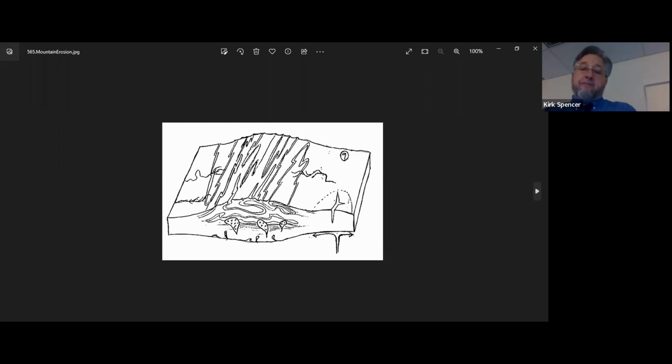The process that occurs in the mountains is called isostatic rebound. One of the ways to explain isostatic rebound would be, imagine that you're at a swimming pool and you have one of those really cheap air rafts that you blew up, and you're laying on it very carefully.